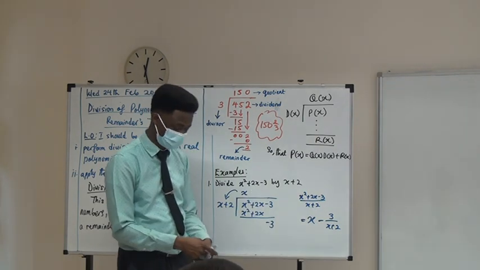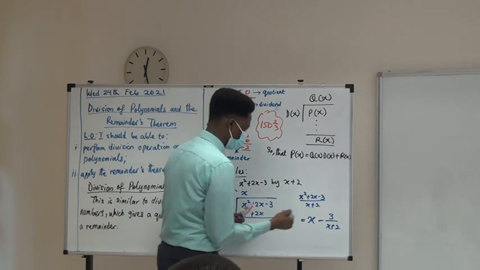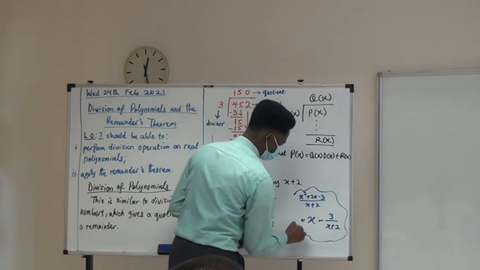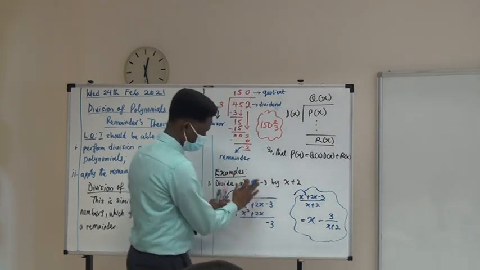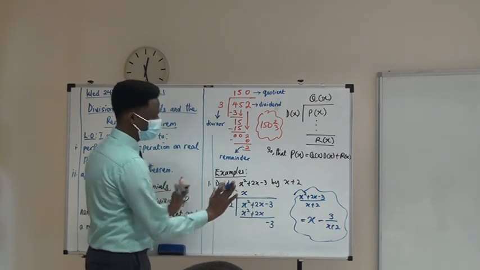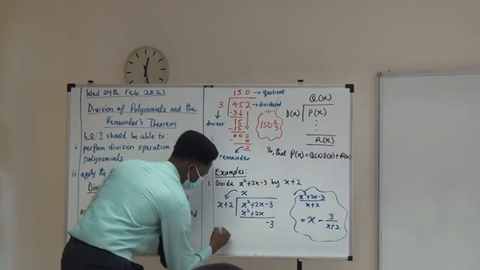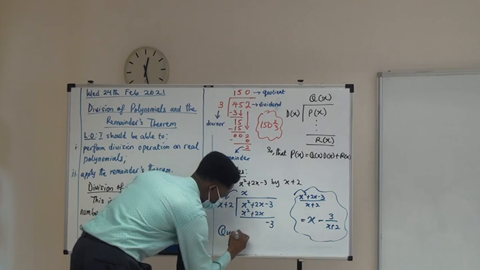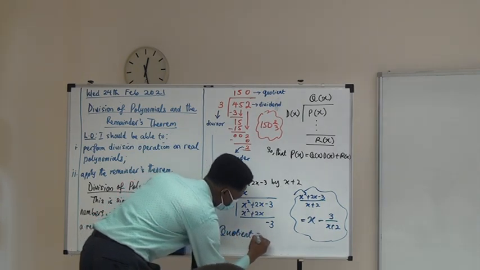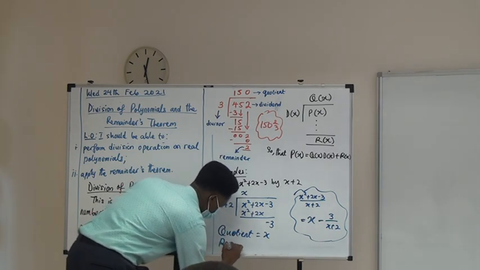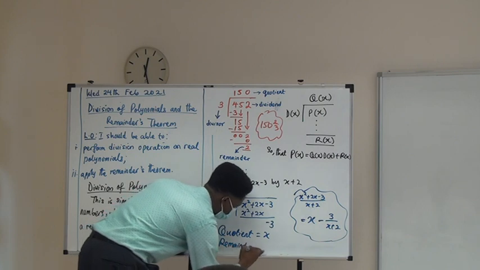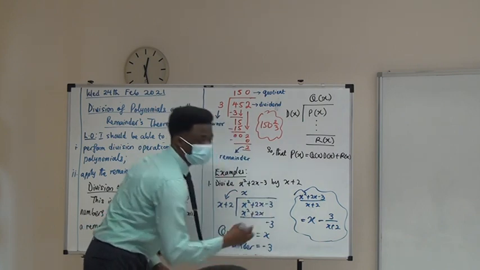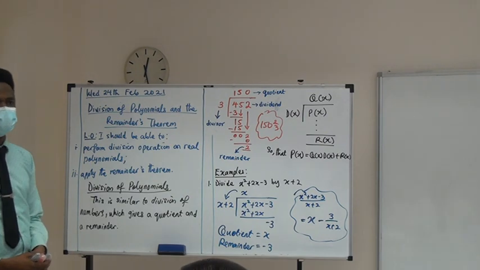That's why we're taking this topic first. So if the question is about expressing in this form, this is how you conclude. If it is just to divide, you just divide and state the quotient. Quotient is x, remainder is negative 3. That's it. Understand? Please write.